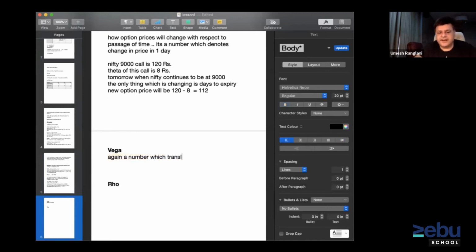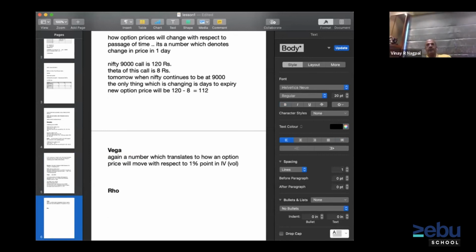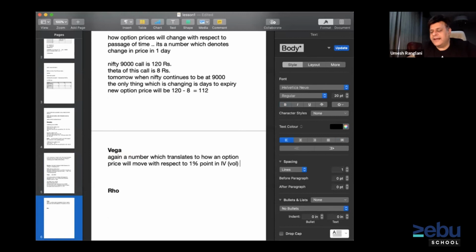Vega translates to how an option price will move with respect to 1 percentage point in IV. IV is what? Volatility. So when we say that the vol will increase by 1% and the Vega of this is 20 rupees, let's say, all things remaining equal.